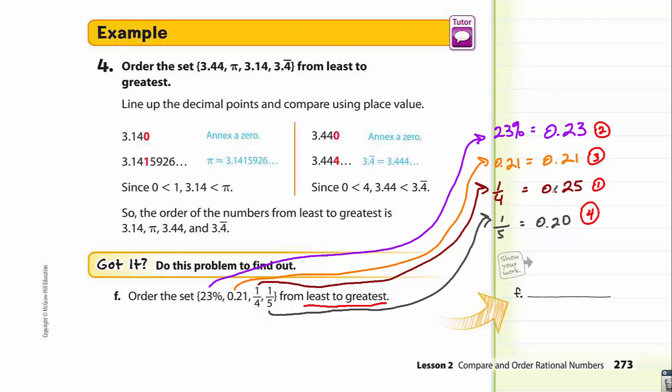So they wanted the smallest one first, so we're going to give them the smallest one first, which was 1/5. That takes care of this one. The next smallest was right here, 0.21. The next smallest was right there, 23%. And then the biggest one, 0.25, which was the original 1/4.